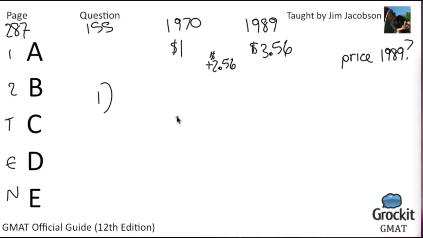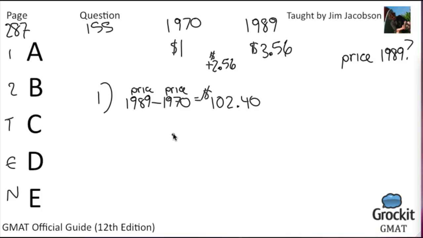So, 1989 minus 1970. This is the price. Equals 102.40. Which tells us that basically the inflation index accounted for an increase of 102.40. So for every dollar spent in 1970, they spent an additional $2.56.